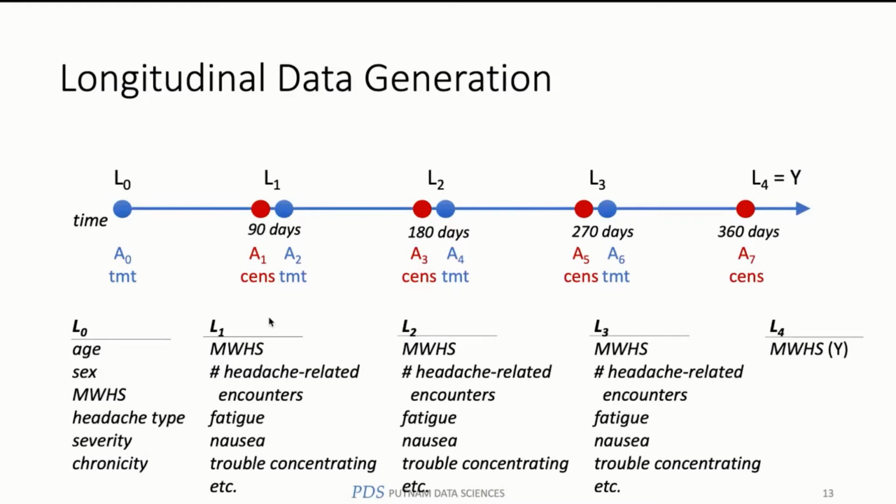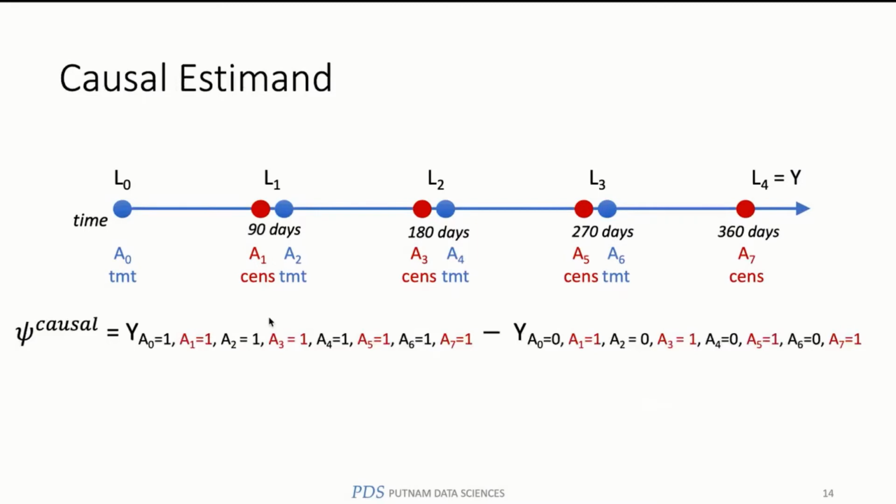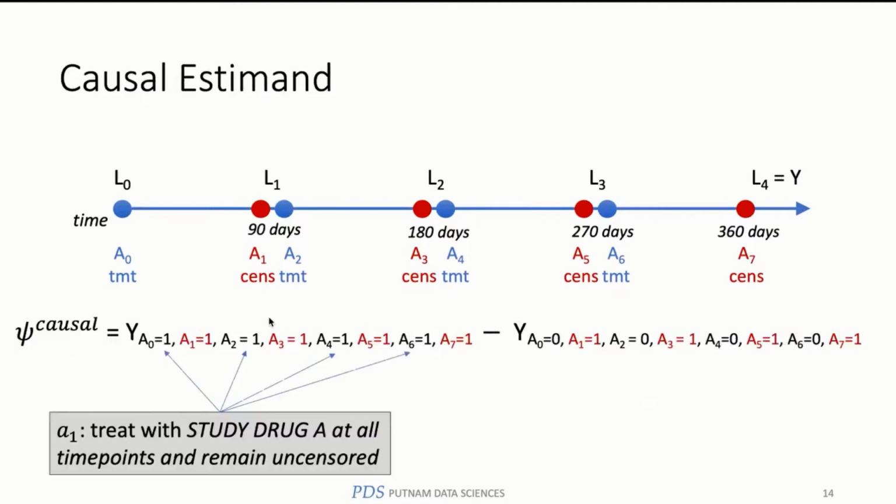Okay. So now we can write our desired causal parameter still in terms of counterfactuals, but now in terms of the causal contrast we're really interested in. And so this whole big first part here is the outcome in the counterfactual setting that you are treated with the study drug at all of the time points and that you remain uncensored at every time point.